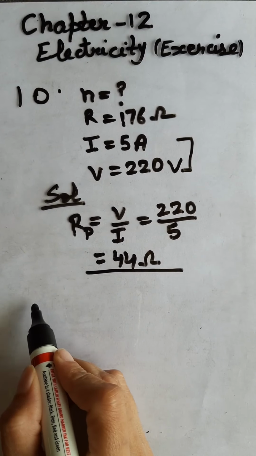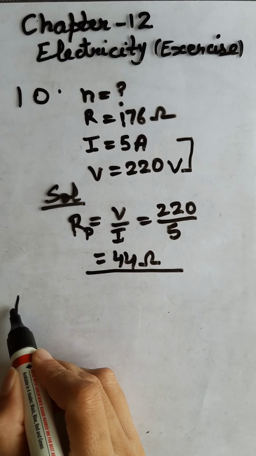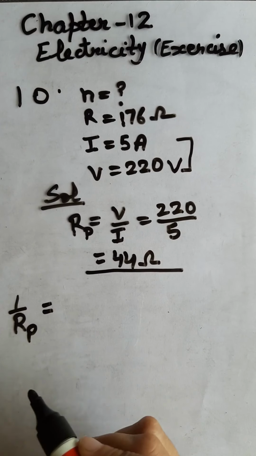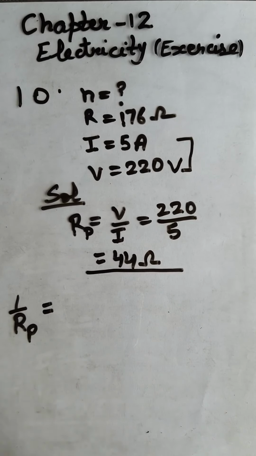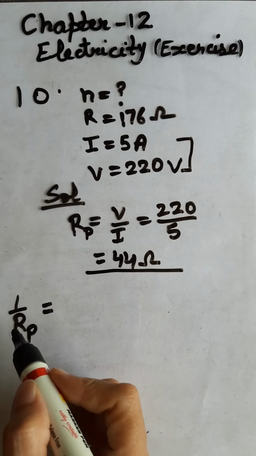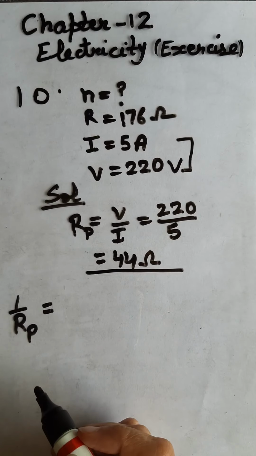By applying the formula as we have done in question number 1, that 1 by Rp is equal to, let us assume that n number of resistances have been connected. So what will be the equivalent resistance of these n resistances?